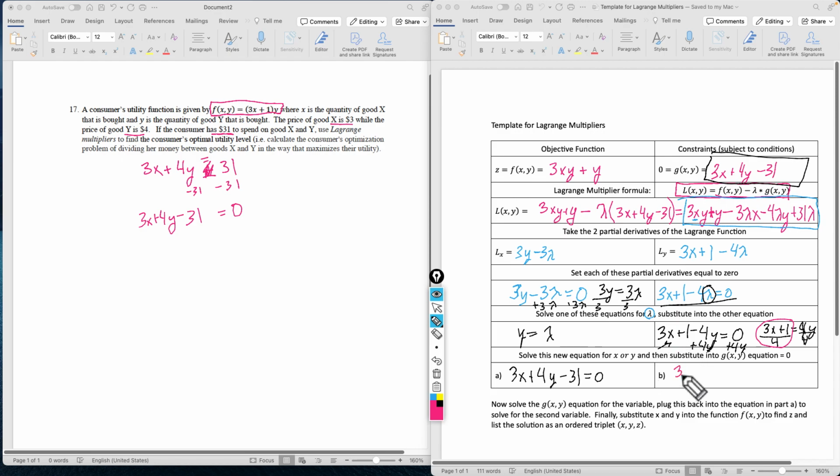So we've got 3x plus 4 times (3x plus 1) over 4 minus 31 equals 0. So now I think this is what I intended to do. We're going to solve this B part for x because it's only got an x. We will then substitute the x back in here, solve for y, and then we'll be good to go.